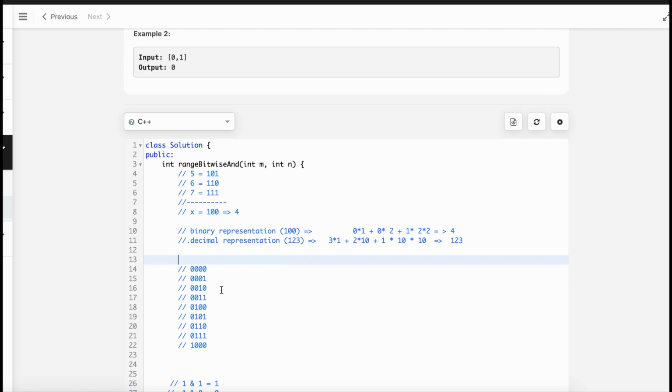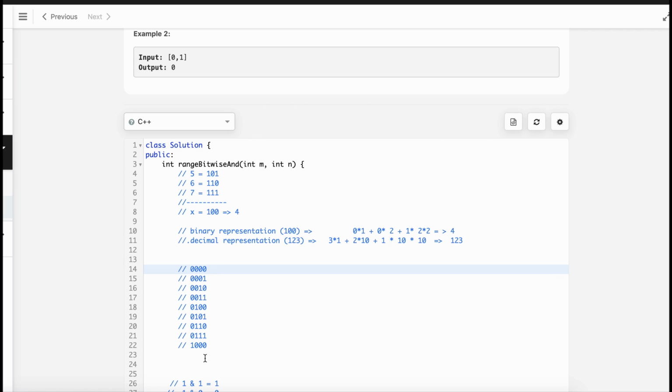property of binary numbers that in the first position that we are interested in calculation of AND operation, we see that there is a pattern that after every gap there is a repetition of 0 and 1, 0 and 1, and in second position there are two zeros, two ones, two zeros, two ones.